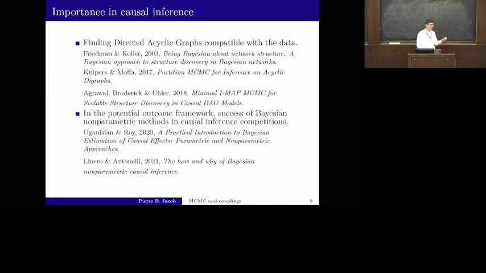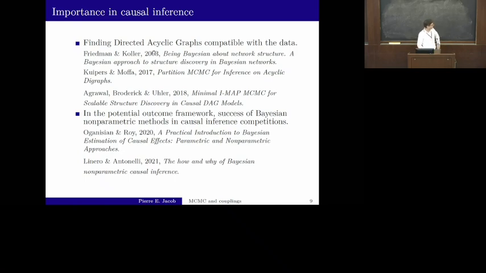So finding one point estimate may be a bit misleading. You may have lots of different graphs compatible with the data, so you may want to average over all those graphs instead of selecting one in particular. And then the Bayesian approach is a way of formalizing this sort of model combination, if you want.